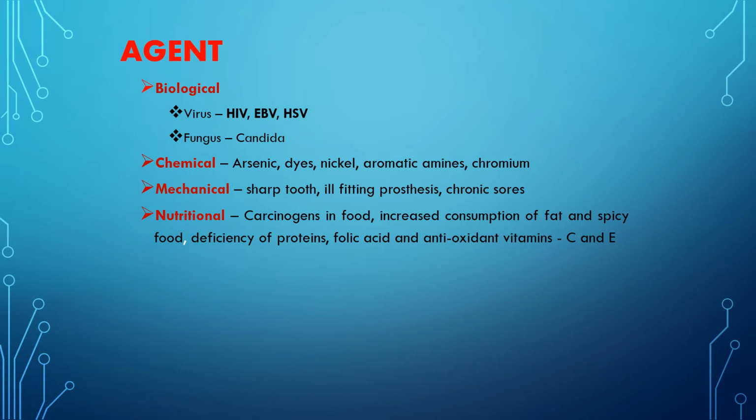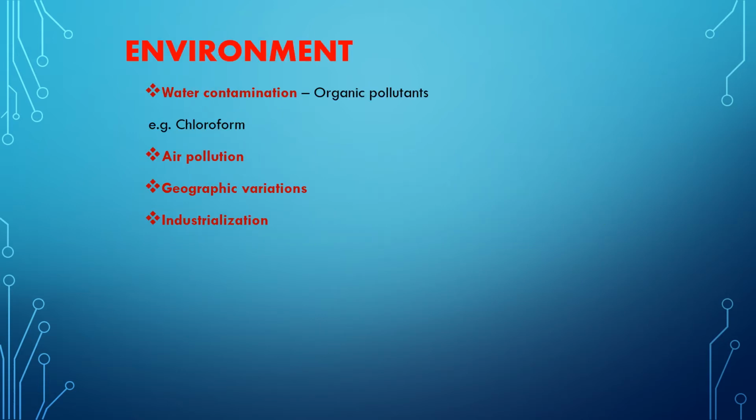Okay, nutritional: carcinogens in food, increased consumption of fat and spicy food, deficiency of proteins, folic acid, and antioxidant vitamins like vitamin E and vitamin C. Environment: water contamination, organic pollutants, for example chloroform, air pollution, geographic variations, industrialization.